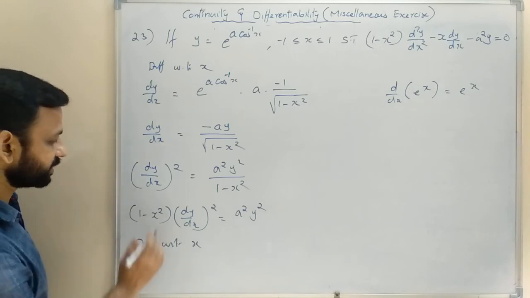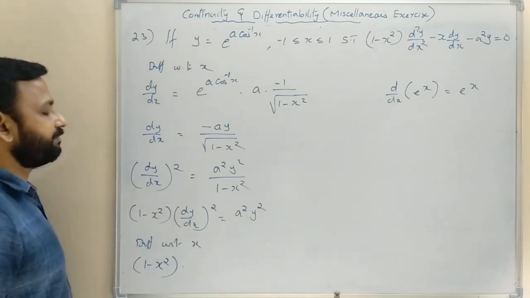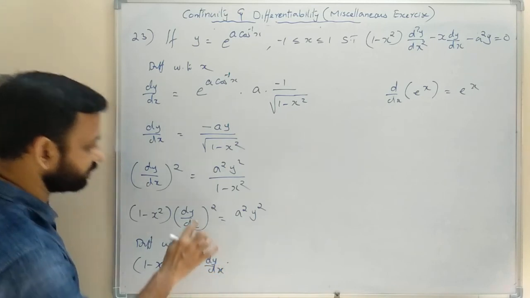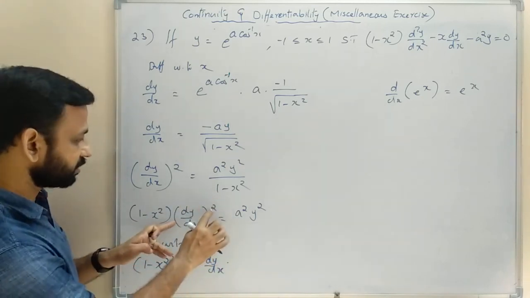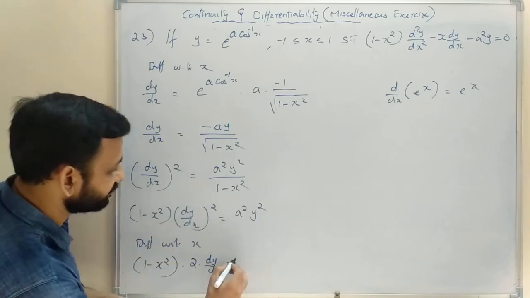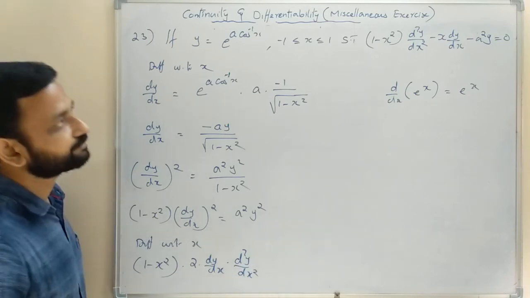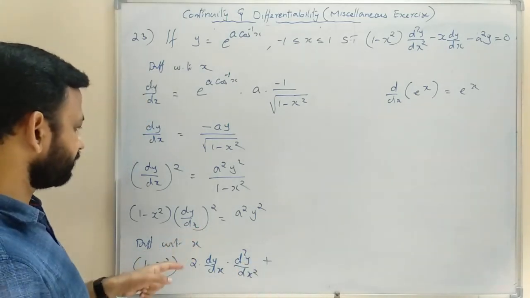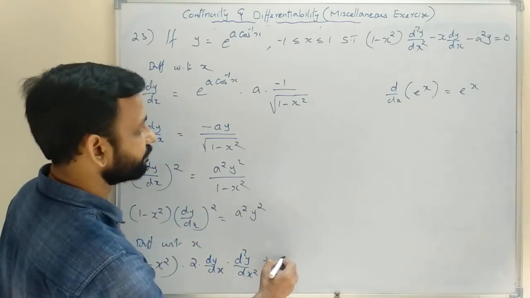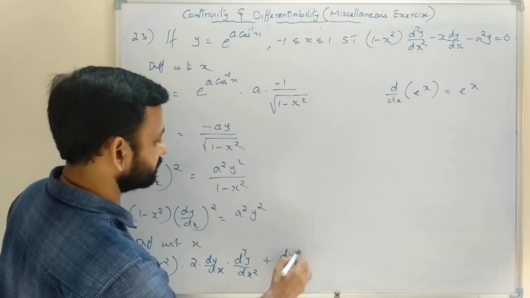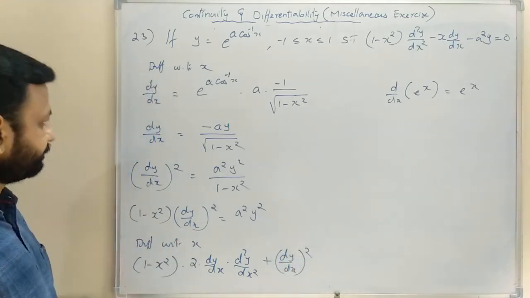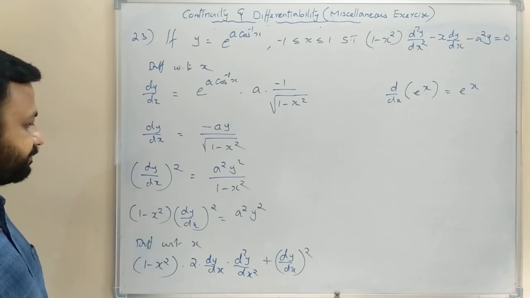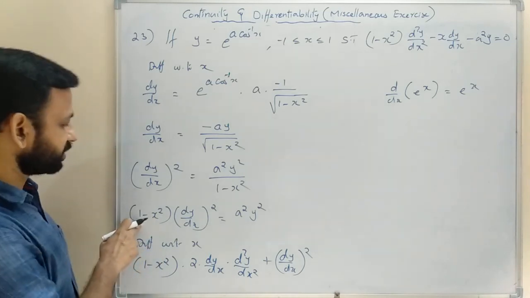So first function 1 minus x square into the derivative of dy by dx all square, that is 2 into dy by dx into the derivative of dy by dx, that is d square y by dx square, plus, using the product rule, dy by dx all square into the derivative of 1 minus x square, that is derivative of 1 is 0, then minus 2x.